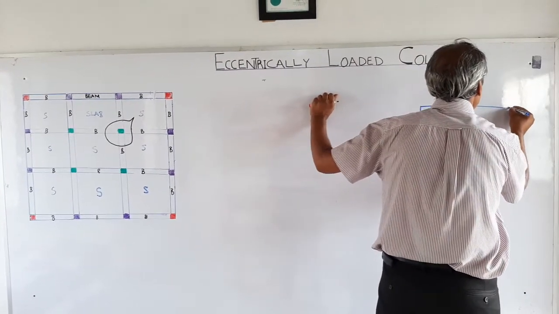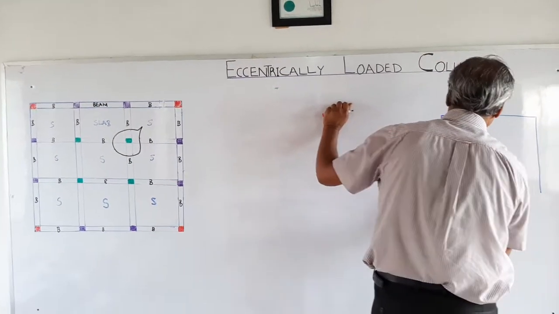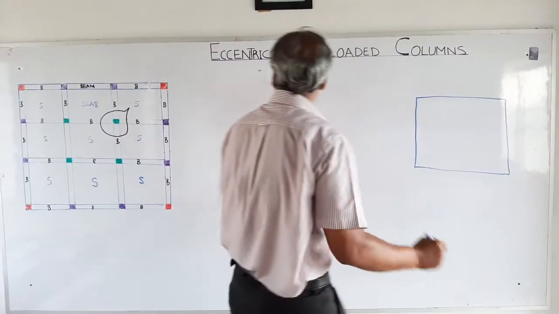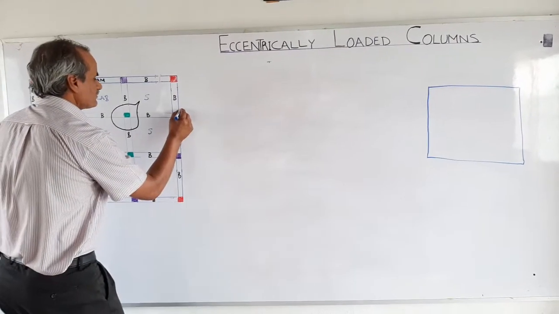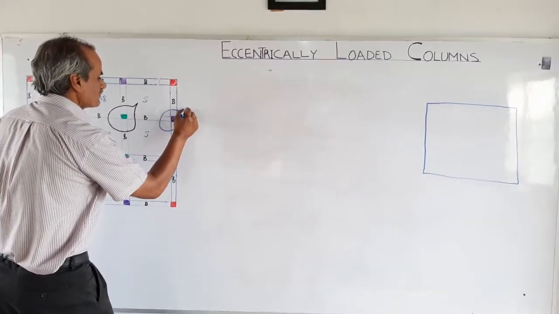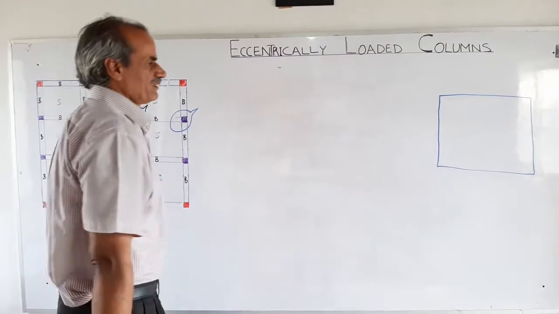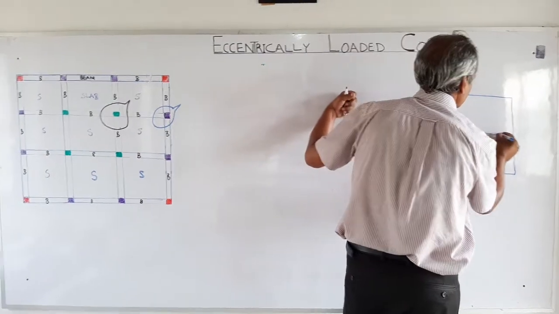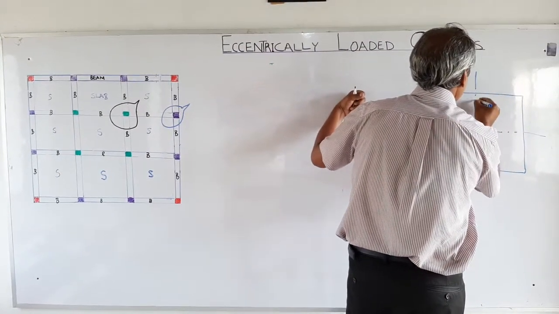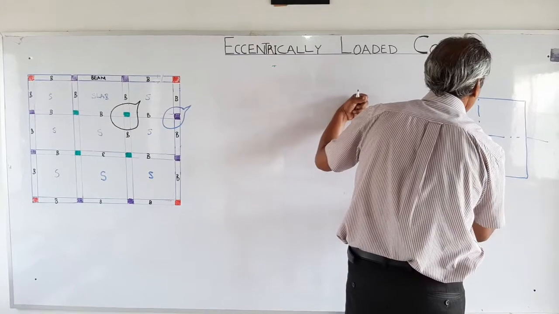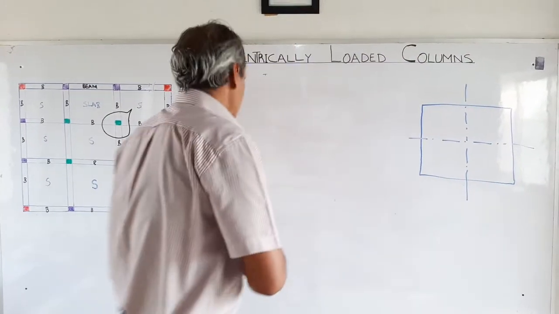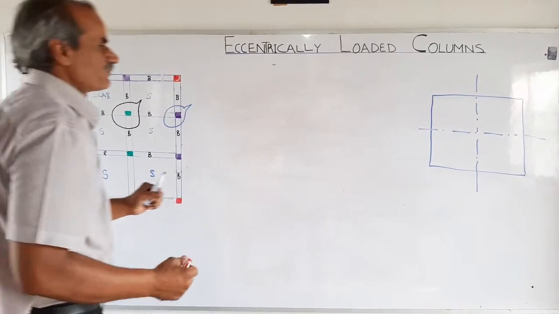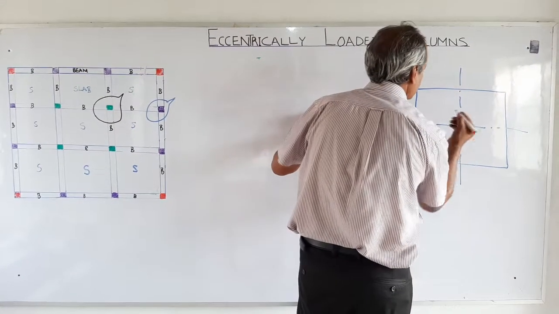So if this is the cross section or blow up of the edge column, and if this is the x-axis and this is the y-axis, now the load is not being transferred to this column at the center, rather it is eccentric.